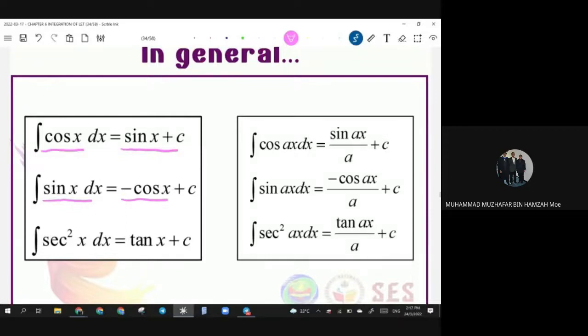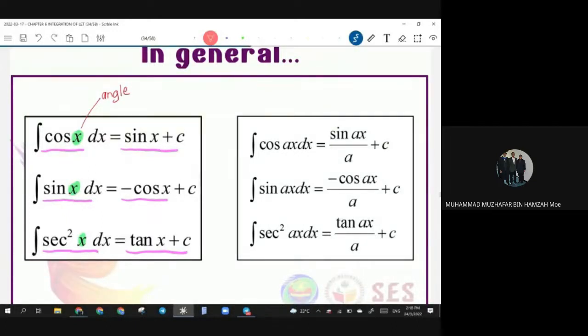And if we want to integrate secant square x, the answer is tangent x plus c. Please notice that we are really concerned about the angle here. This one we got x, this one x, this one x. We call this the angle. The angle can be x, theta, alpha, beta, or any other unknown that we have in maths.